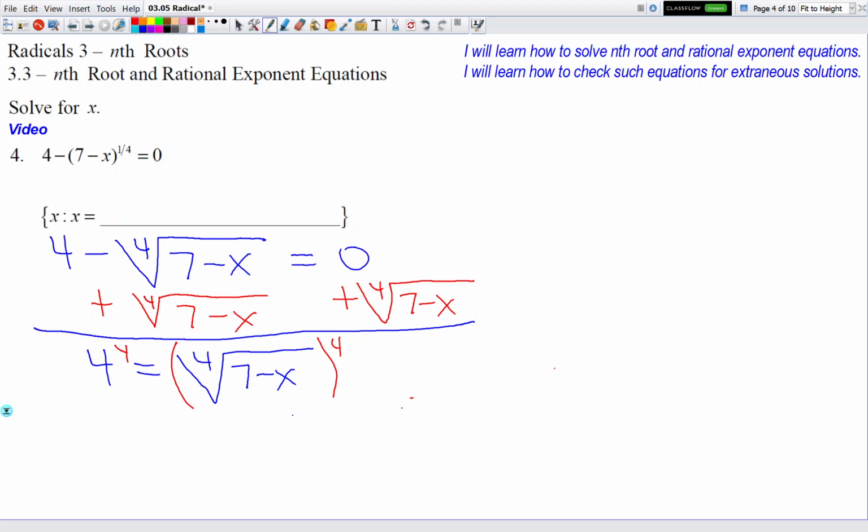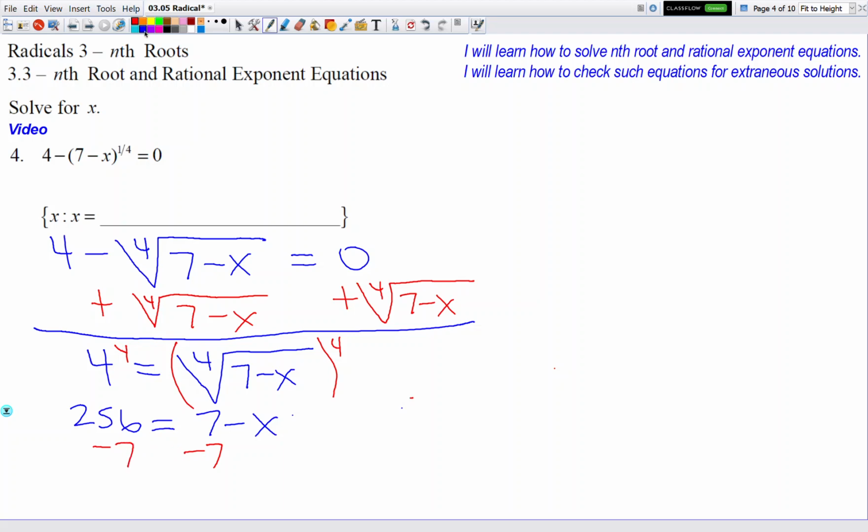And I think we've come across 4 to the 4th power already on a previous problem, and we realized that it's 256. So we're going to use previous knowledge and experience to get through that 4 to the 4th power pretty quickly. Right side is going to become 7 minus x. Okay, so let's get rid of that 7. So subtract 7 on both sides.